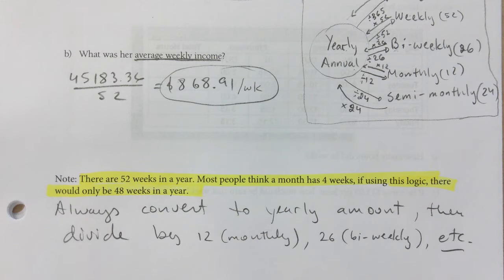So always convert to yearly and then divide by whatever you want to get, right? So if they're giving you your weekly income and they want to ask the average monthly, first turn that into a yearly amount, then divide it to get the biweekly.